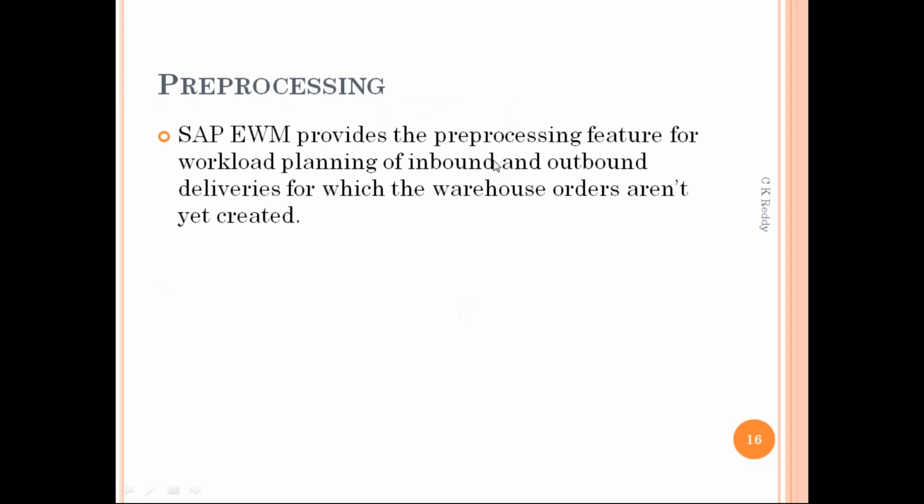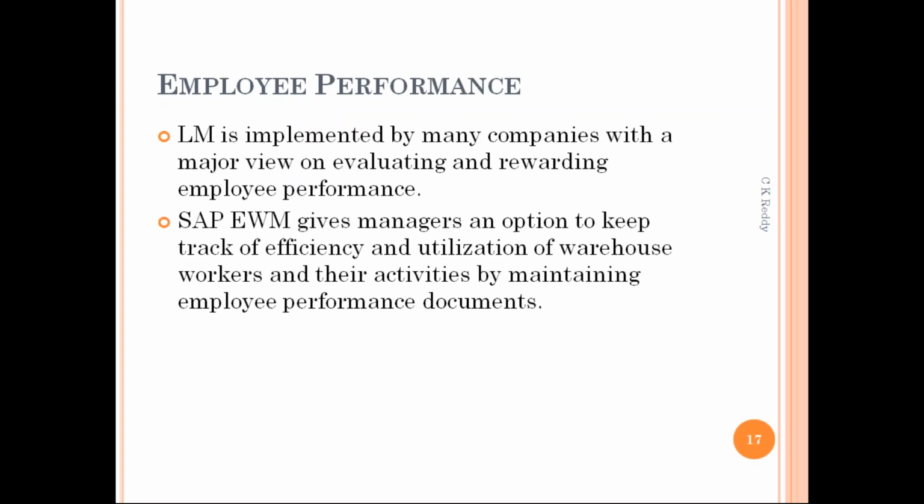SAP EWM provides a pre-processing feature for workload planning for inbound and outbound deliveries for which warehouse orders are not yet created. One is planning, another is pre-processing. Planning is after creating the warehouse orders. Pre-processing means warehouse orders are not yet created; against the deliveries, we can plan the resources.